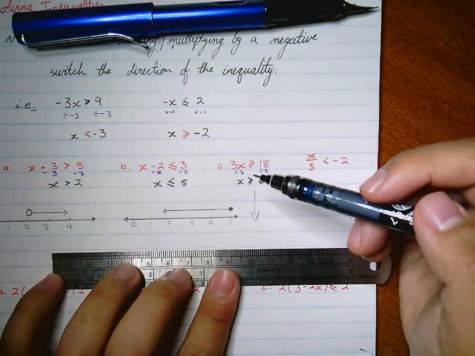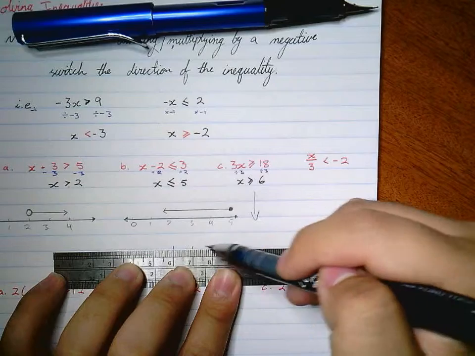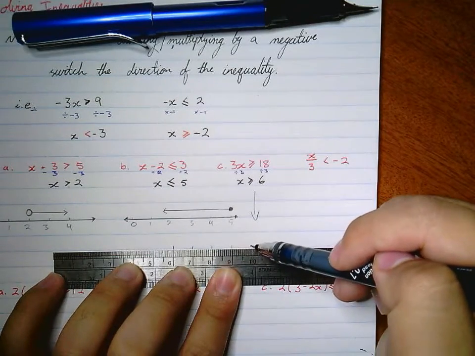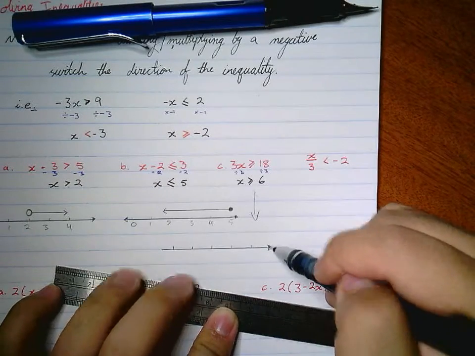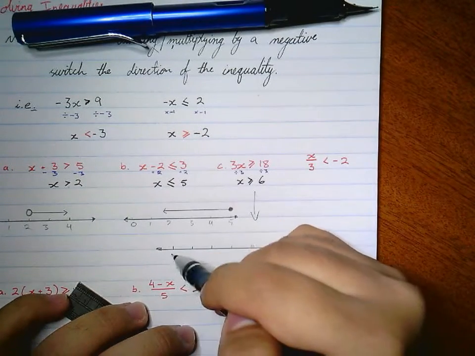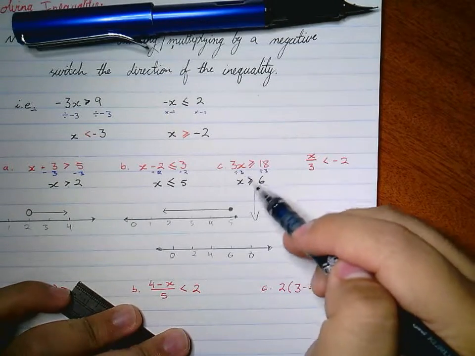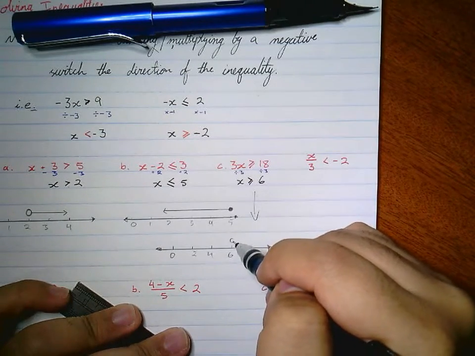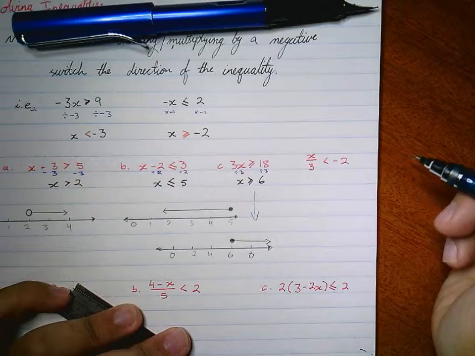This time I'd like to go up by 2s just to make it a little bit easier. 0, 2, 4, 6, 8. Greater than or equal to, so this is going to be a solid dot pointing to the right.